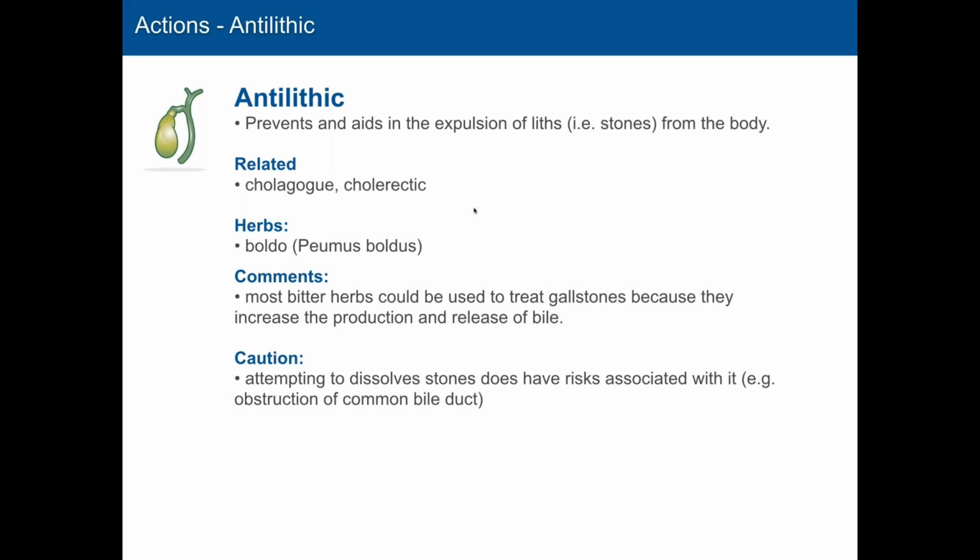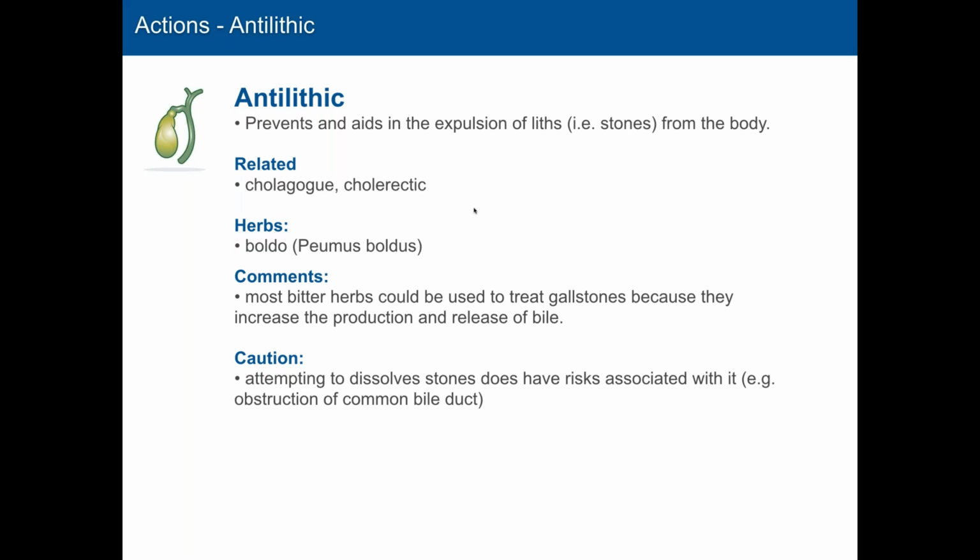Now, not all the bitter herbs necessarily have the antilytic indication associated with them, but I would say that probably all bitters have an antilytic action, even if it's not necessarily listed or used as that primary thing.